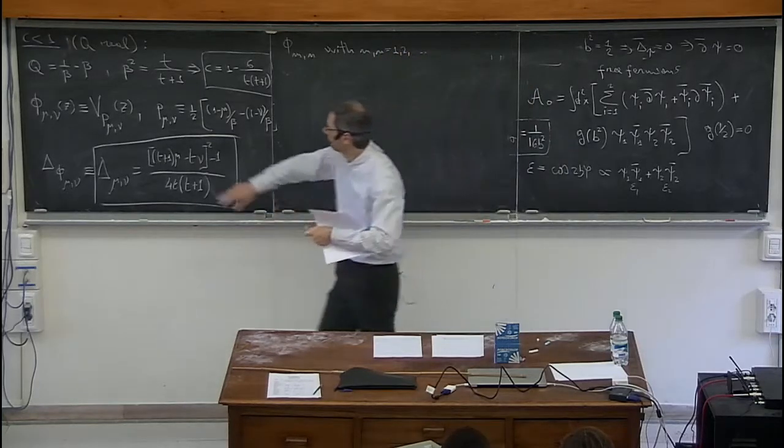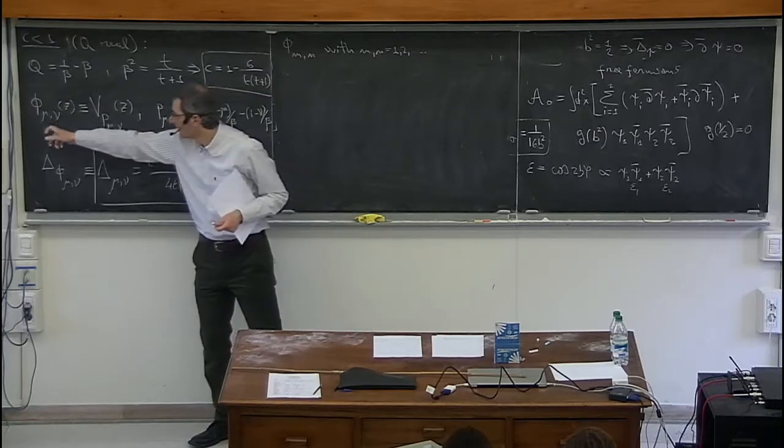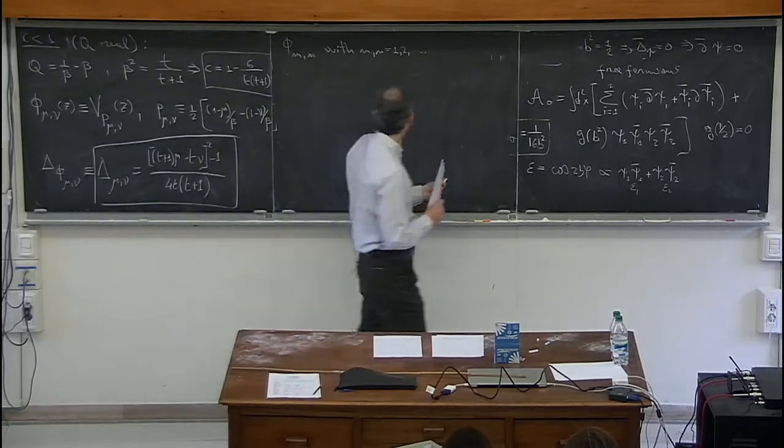So I'm taking these fields here. Mu and nu in general are real parameters. Now I take them integers, positive integers.